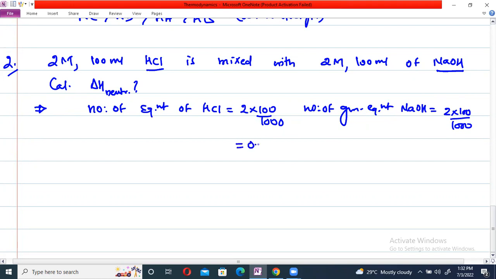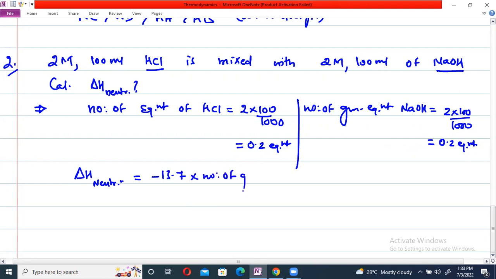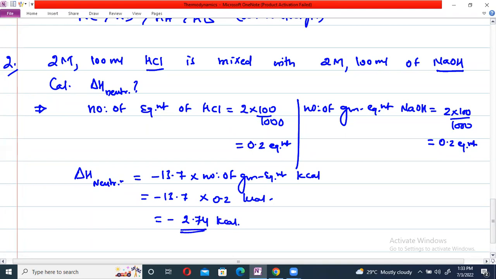If you solve it, I get 0.2 equivalent of the acid, and here also 0.2 equivalent of the base. As we know, both are 0.2 equivalent, so delta H of neutralization is minus 13.7 into number of gram equivalent kilocalorie. Minus 13.7 into 0.2 gram equivalent kilocalorie. By solving, we get the answer as minus 2.74 kilocalorie, the heat of neutralization.